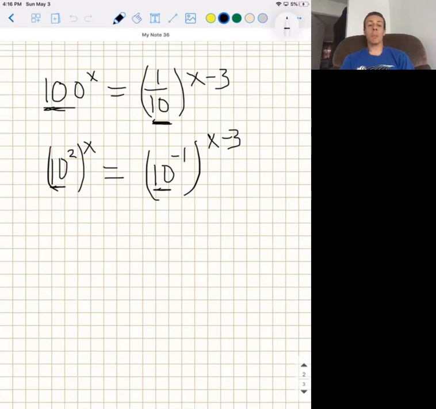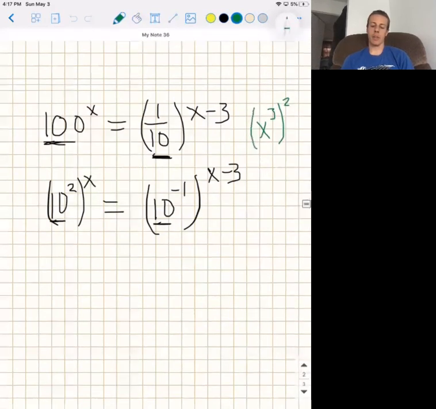The other really important fact we have to remember is the power of a power. What I mean by that is if I told you x cubed and then we squared it, well, that would just be x cubed times x cubed. That's what squaring means, multiplied by itself, or x to the 6th.